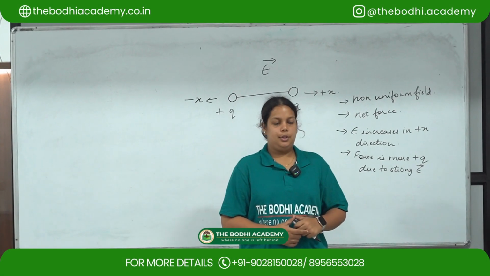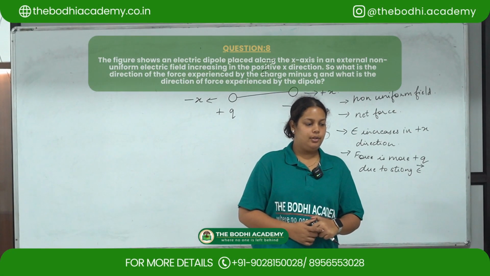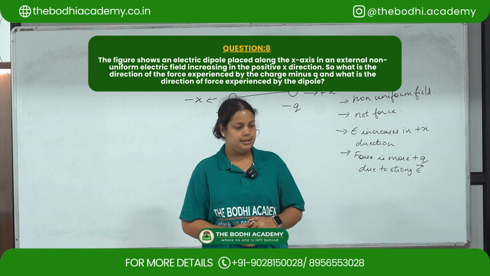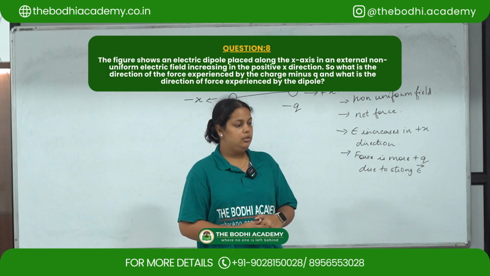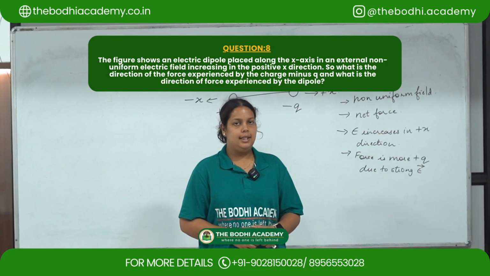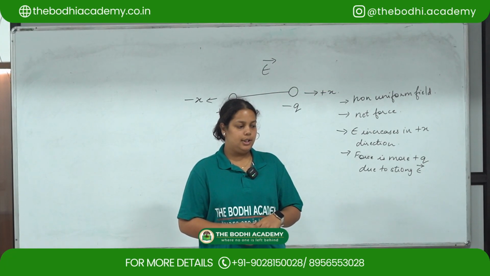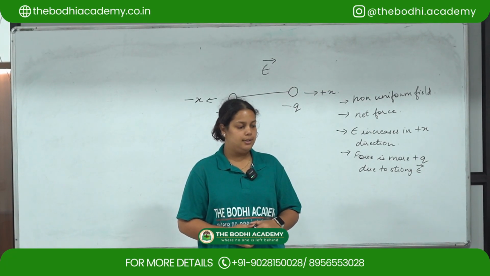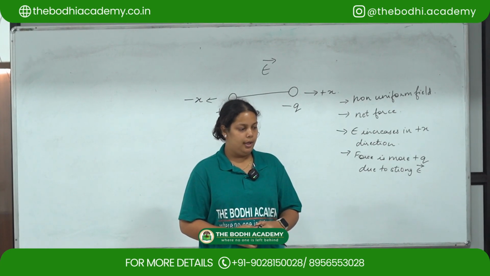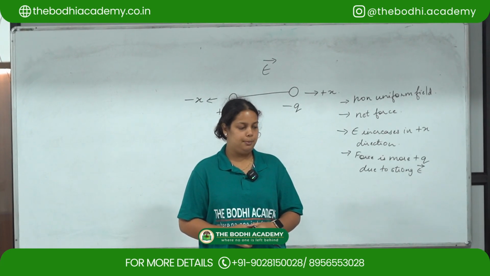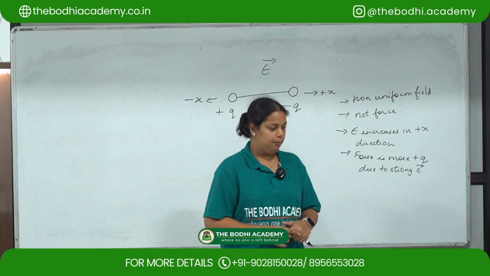So coming to the eighth question, the figure shows an electric dipole placed along the x-axis in an external non-uniform electric field, increasing in the positive x direction. So what is the direction of the force experienced by the charge minus q, and what is the direction of force experienced by the dipole?